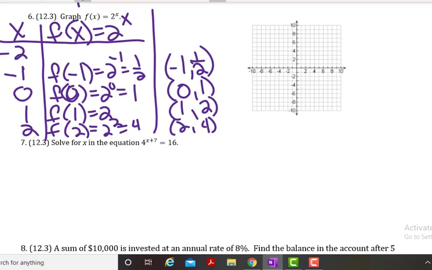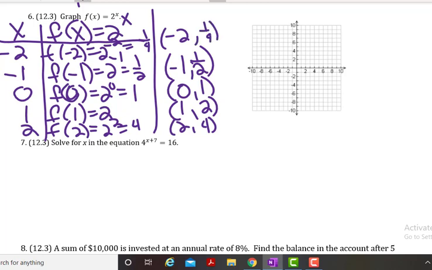Negative 2, x is negative 2, f of negative 2 is 2 to the negative 2, and if you do some simplification, you get 1/4. So negative 2, 1/4.